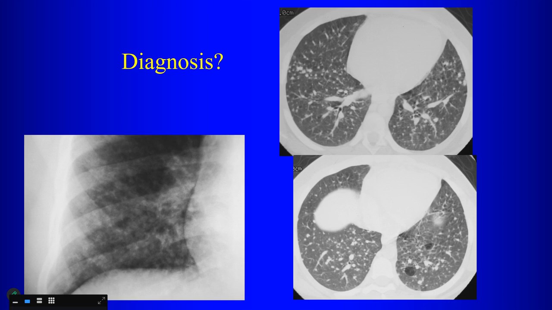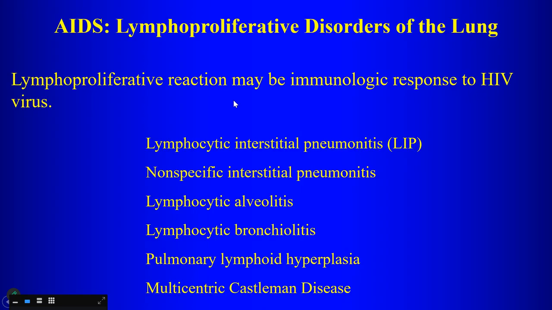It's an important distinction, right? If they're random nodules, you would think what? TB or miliary infection. With perilymphatic nodules and cysts, especially in a child who's HIV positive, now what do we think about? Lymphocytic. LIP, yeah, lymphocytic interstitial pneumonia. That's also associated with patients who are HIV positive. These are lymphoproliferative disorders that can occur.